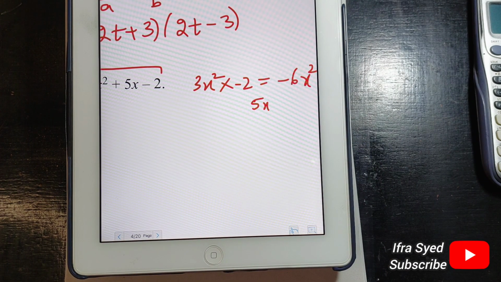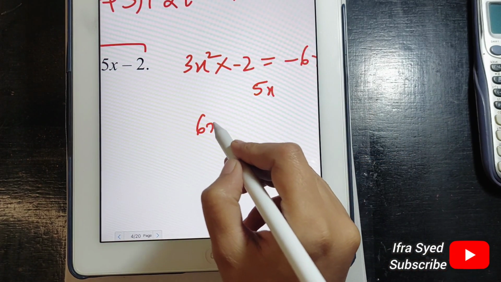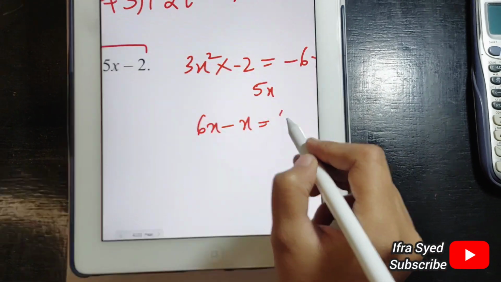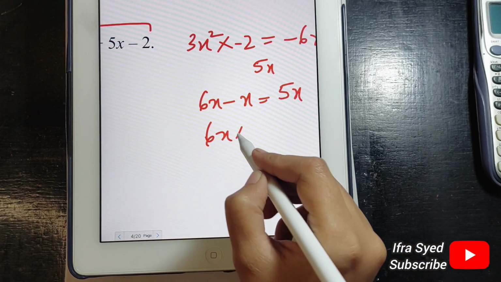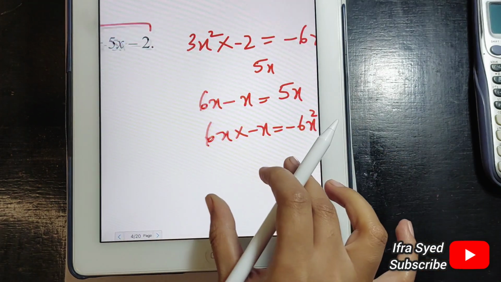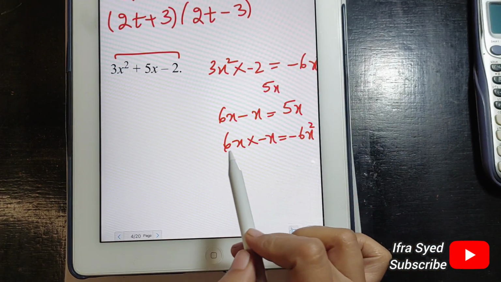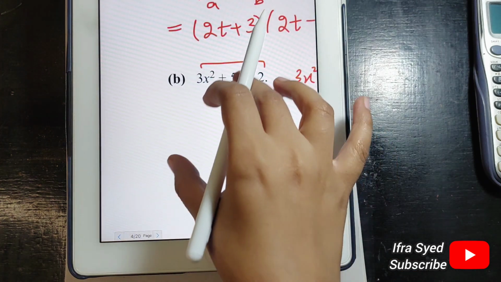When we subtract 6x minus x, our answer is positive 5x, and when we multiply 6x into minus x, our answer is minus 6x². So I'm writing 6x minus x in place of the 5x.